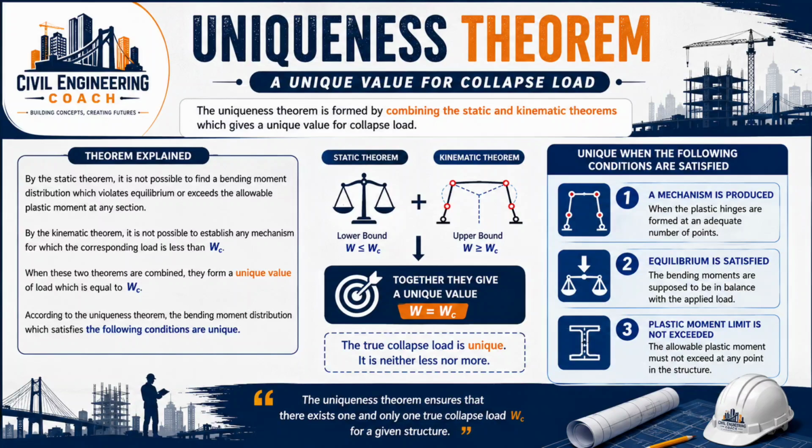And hence, when these two theorems are combined, they form a unique value of the load which is equal to the collapse load. According to this uniqueness theorem, the bending moment distributions which satisfy the following conditions are equal. You can observe in this picture, the combination of the static theorem as well as the kinematic theorem is displayed, where the calculated load is equal to the collapse load.